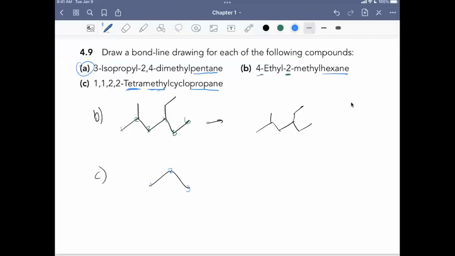If you have 2 methyl groups, it'd be di. If you have 3, it'd be tri, and 4 is tetra. And it looks like we have 2 methyls. I'll draw them like this. 2 methyls on 1 and 2 methyls on 2.